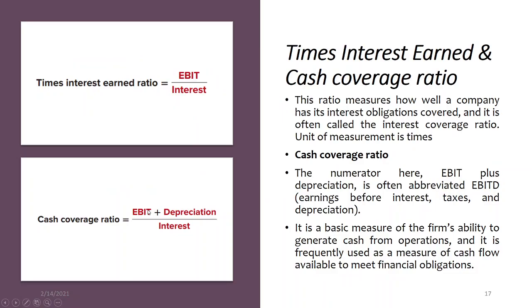So for time interest earned is earning before interest and tax divided by interest. So it measures how well a company has its interest obligation covered. So then we have the cash coverage ratio. Because depreciation is a non-cash expenses, it is normally added to EBIT to get the cash coverage ratio.